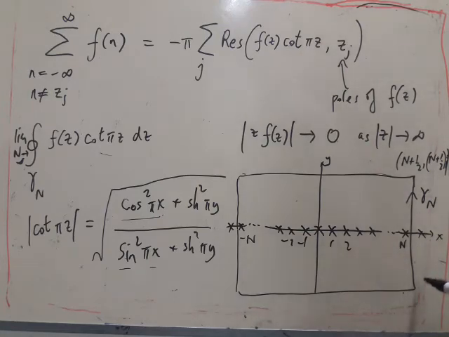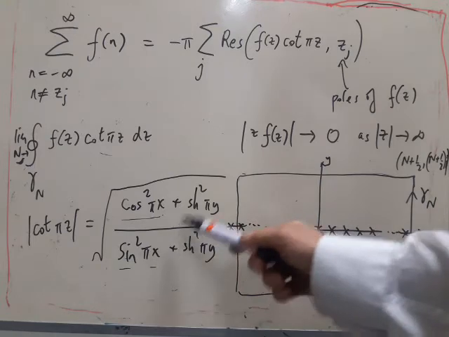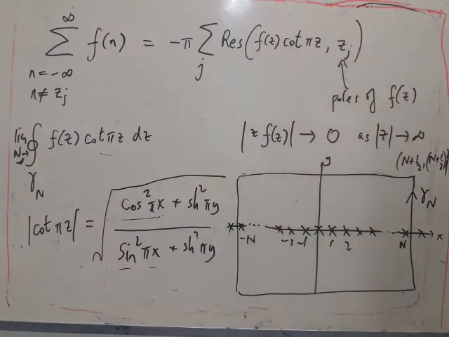Along here, where y varies from being something not so large to something large, this will end up being something less than 1. Basically, we've got x is a half.